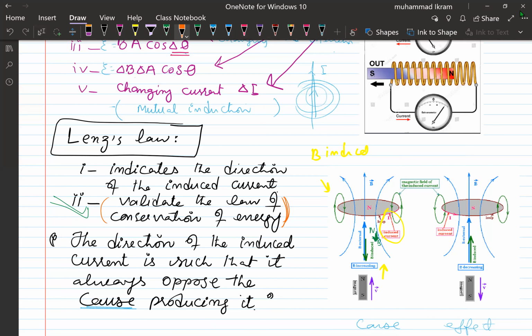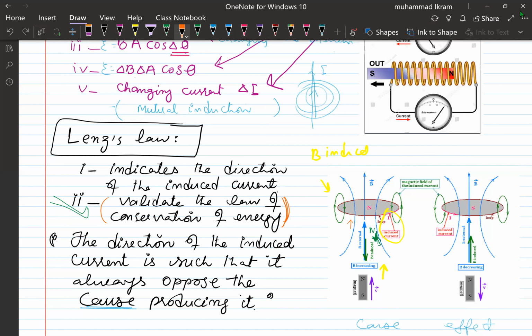And at the north pole, if you look from the bottom, the direction of the current appears to be anti-clockwise. So here in the loop, when you see from the bottom, the current will be in the anti-clockwise direction.